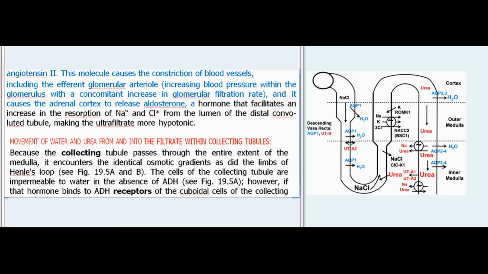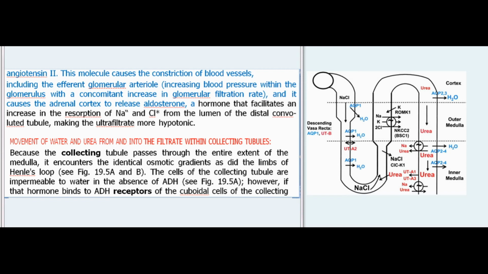Because the collecting tubule passes through the entire extent of the medulla, it encounters the identical osmotic gradients as did the limbs of Henle's loop, see Fig 19.5a and b. The cells of the collecting tubule are impermeable to water in the absence of ADH, see Fig 19.5a.